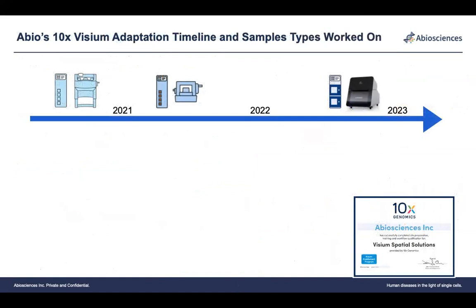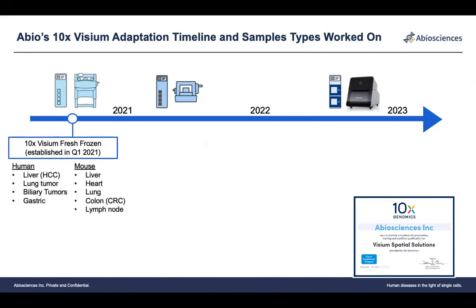So at ABio, we have been adapting the 10x Visium for quite some time now. Starting in 2021, our team had already started to work on fresh frozen tissue, established in Q1 2021.